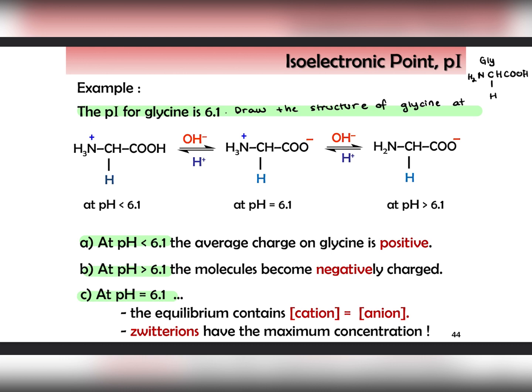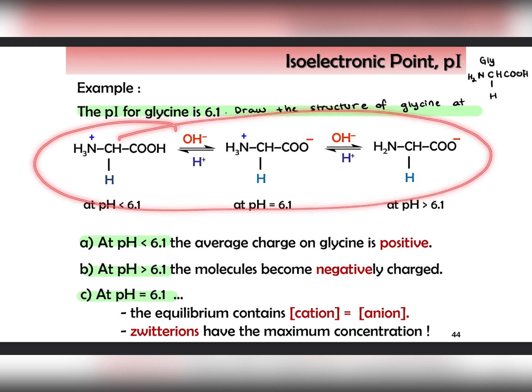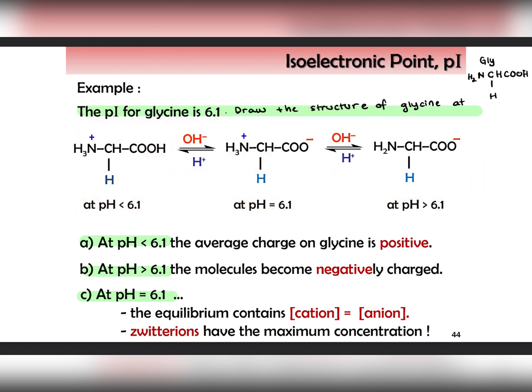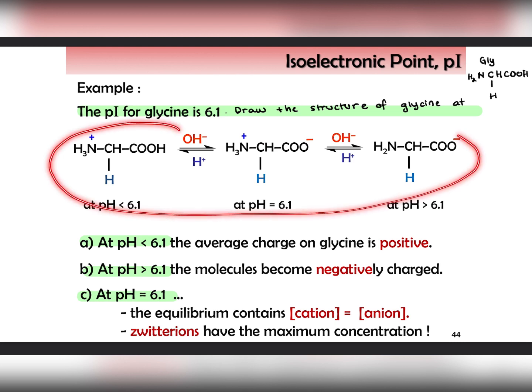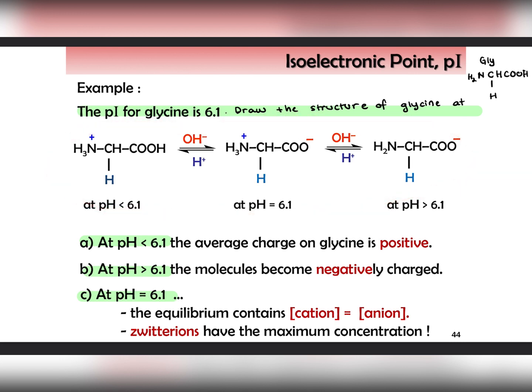Okay, so now this is the example, and these are the answers. For A, this is the answer. In acidic medium, you will form a cation. Why? Refer back to my explanation just now. You will form a positively charged ion.